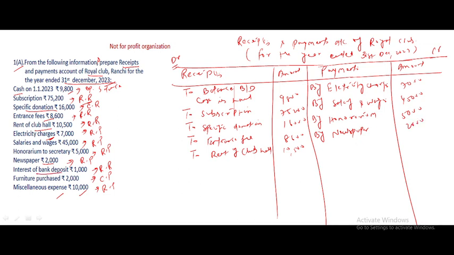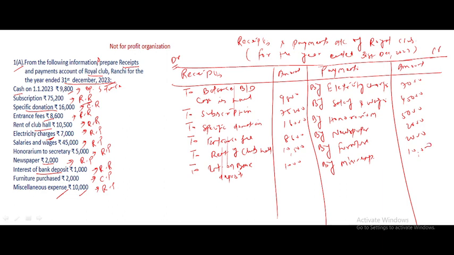Interest on bank deposit, we received interest on bank deposit, a revenue receipt recorded on the debit side, to interest on bank deposit, 1,000. Furniture purchase means we purchased furniture and paid, so this is payment by furniture. Amount is 2,000. Miscellaneous expense means we paid 10,000 for miscellaneous expense. This is payment, 10,000.